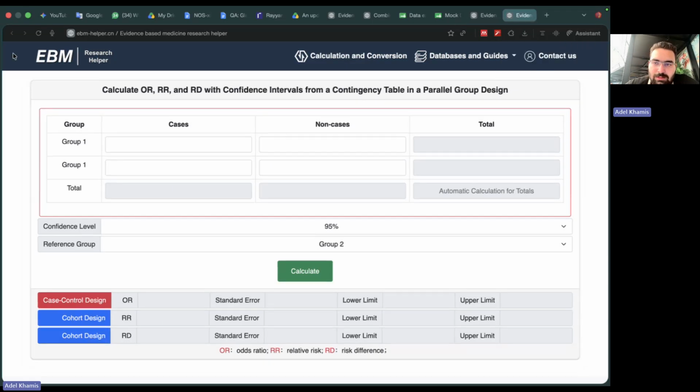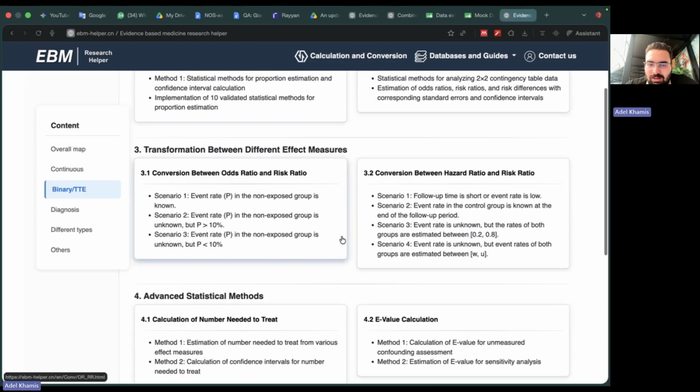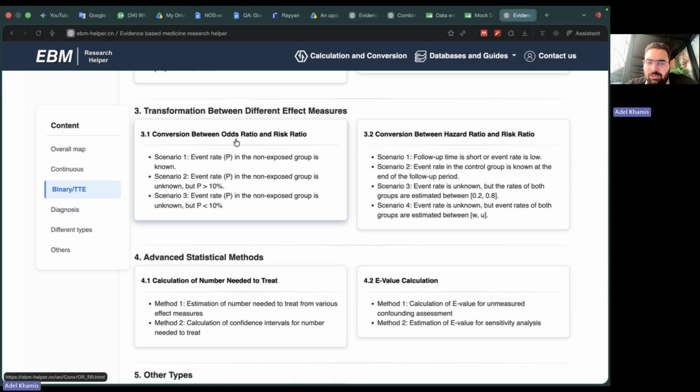So this is another tool. There is another tool for the conversion of odds ratio and risk ratio, and it depends. For example, you want to convert odds ratio to risk ratio, then you have the odds ratio value from the paper, and either you know the event rate in the non-exposed, the control group, I mean.